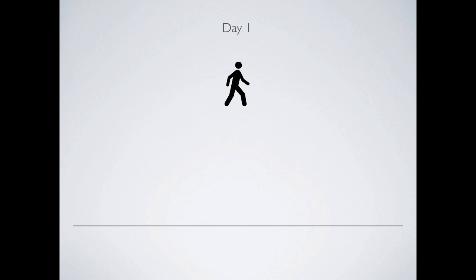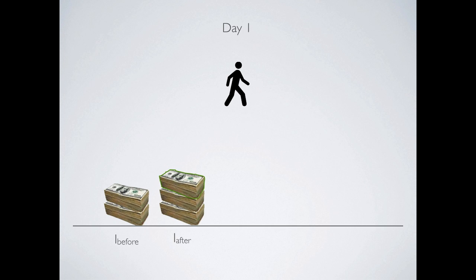So what we have so far is that if we only look at day 1, remember this household used to have only 2 piles of cash. Now what we will observe is that the government gives him extra piles of cash. So the pile of cash that increased is 1 unit.